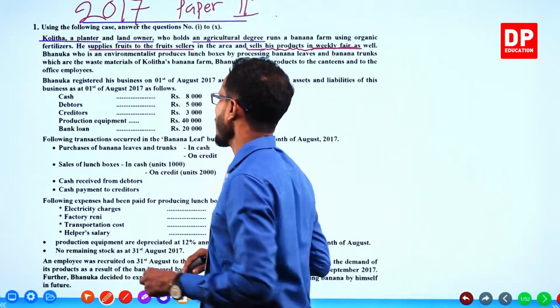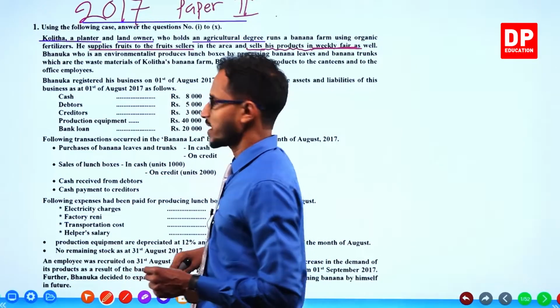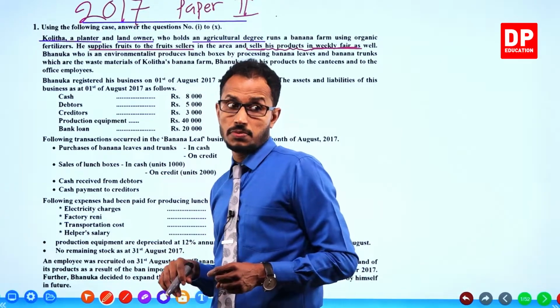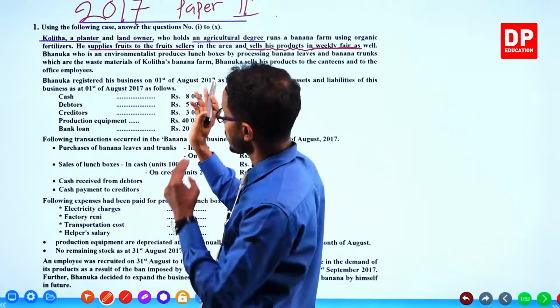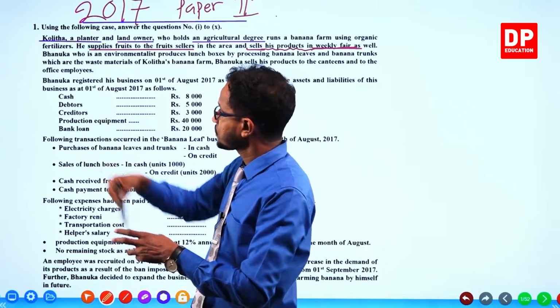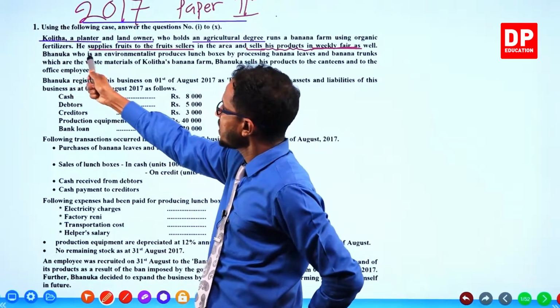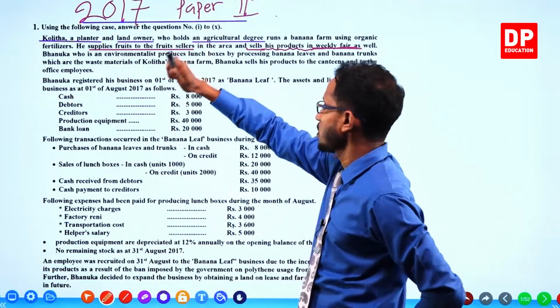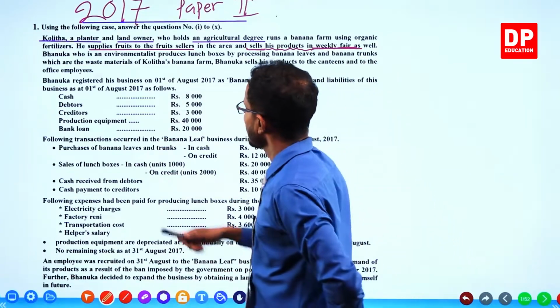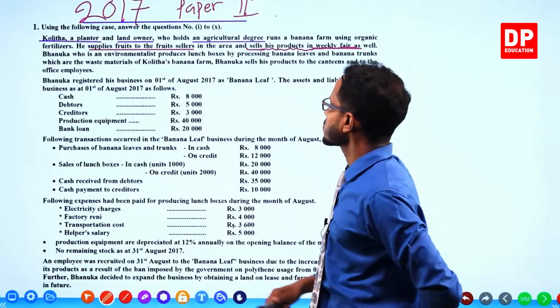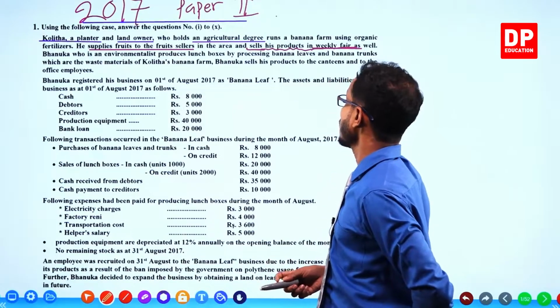Bhanuka, that is another guy. So the case is about two people. Bhanuka, who is an environmentalist, produces lunch boxes by processing banana leaves.